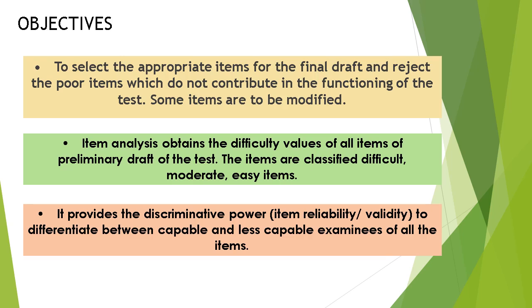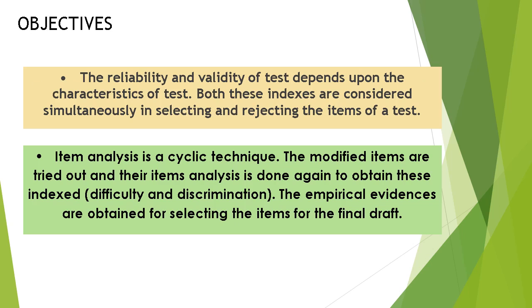It also provides the discriminative power, item reliability or validity, to differentiate between capable and less capable examinees of all the items. The reliability and validity of tests also depend upon the characteristics of the items. So both these indexes are considered simultaneously in selecting and rejecting the items of a test.